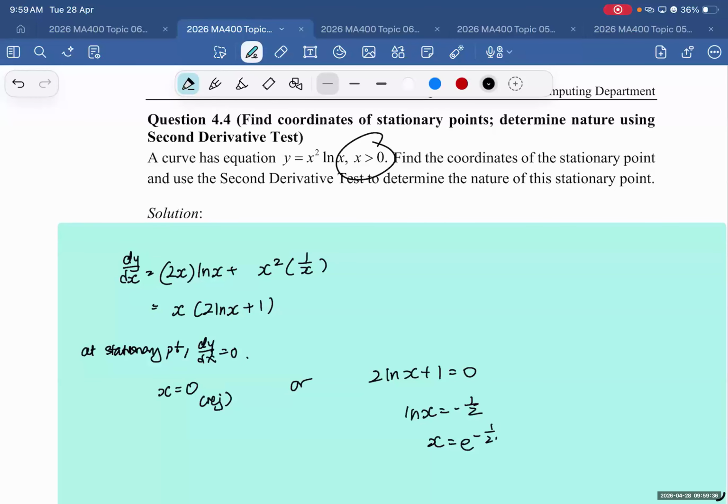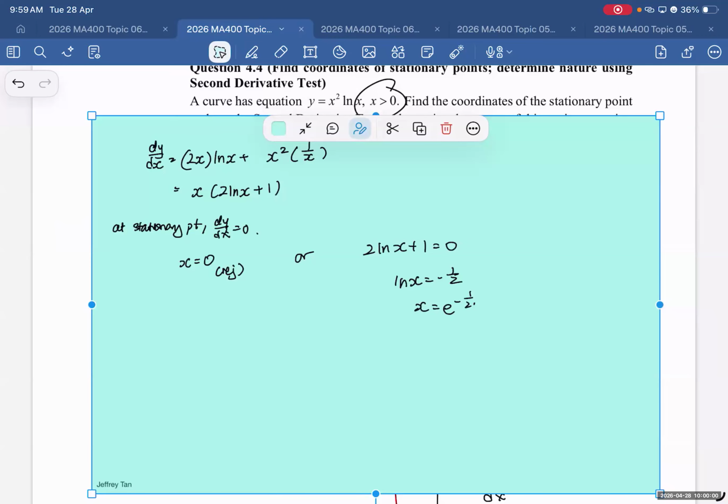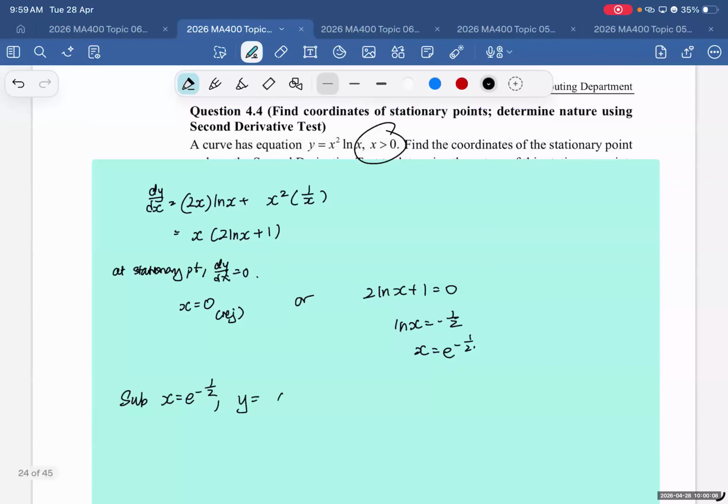After that, sub in the value x equals e to the power negative half into y equals x squared ln x. Eventually, that gives you negative 1 over 2. So you can see that this is your stationary point: x is e to the power negative half, and y is negative 1 over 2.